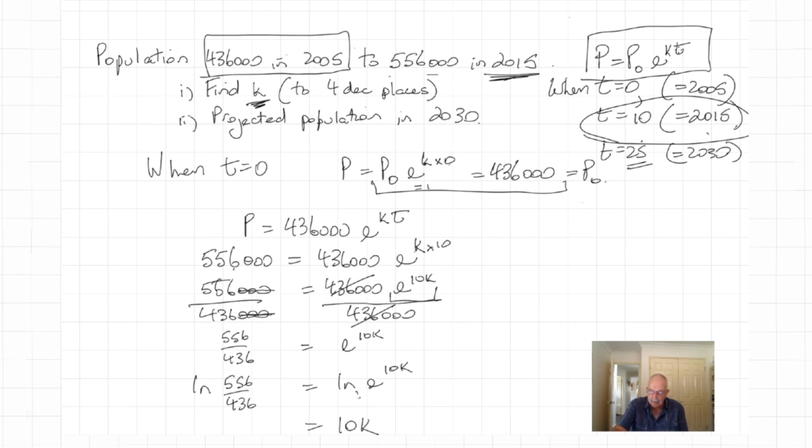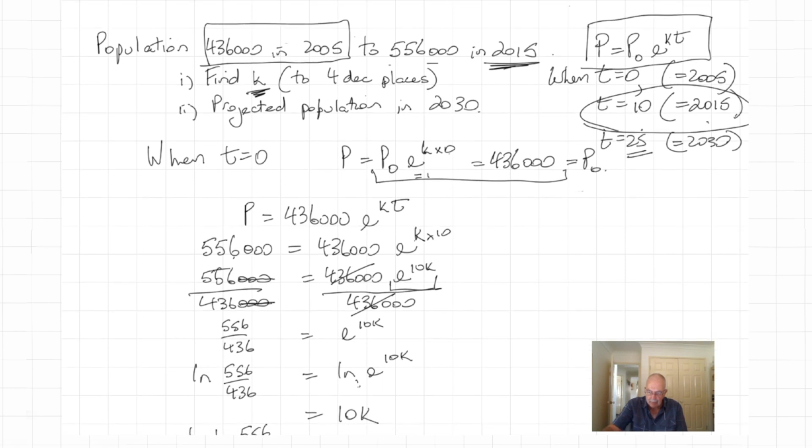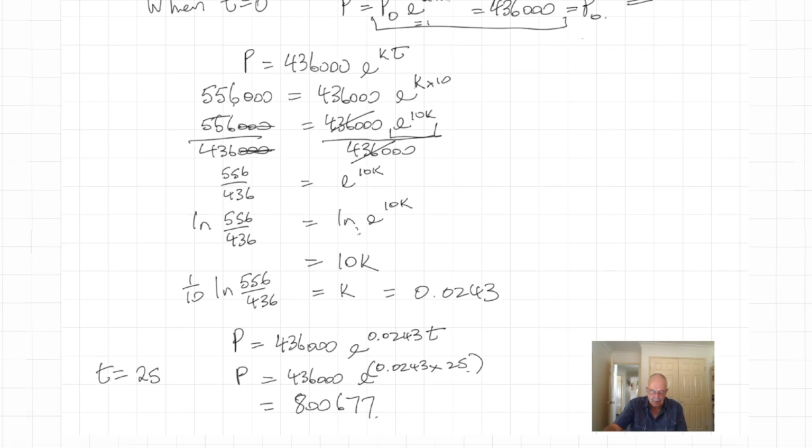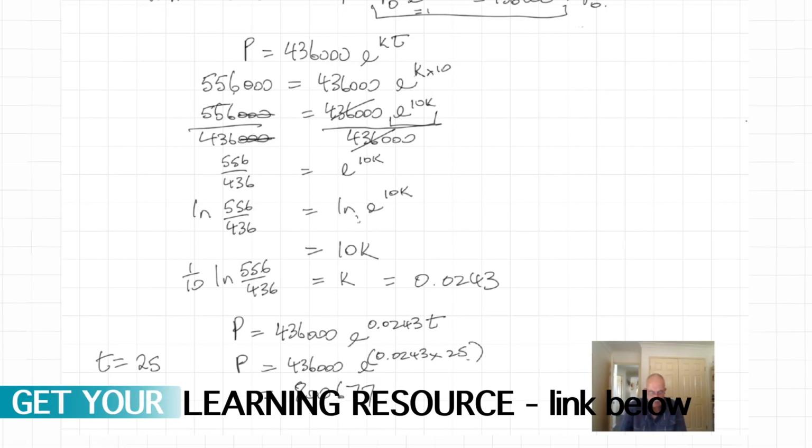This is the initial amount, this is the growth factor, this is the time after the initial observation was made, and this is what the quantity will be after that time. So we use that. We use our knowledge of solving indices equations because we've got, in this case, to solve for k, and then down below it's just a matter of substituting in to find the population after so many years.